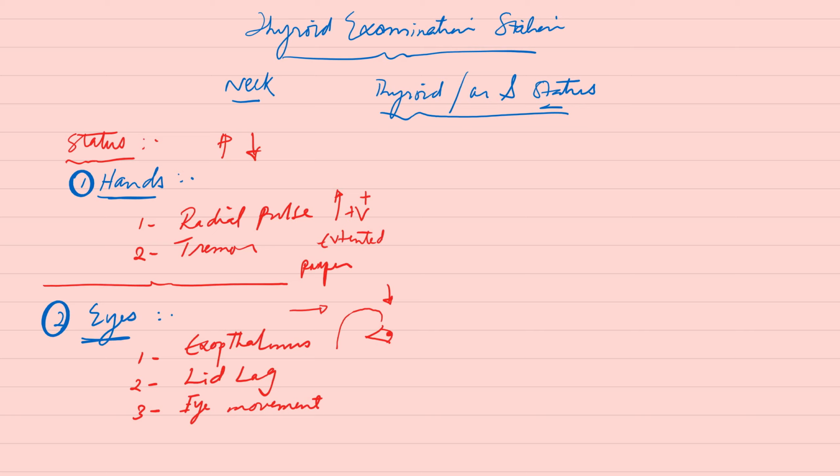When you drop your finger down, his eyes will go down. Normally the eyelids should go down with the eye, but in lid lag there will be a delay. The eyelid will be up, and the white part of the eyeball, the sclera, will be so apparent to you. So there will be a delay in the eyelid drop. So this is lid lag. Okay, the third point is the eye movement.